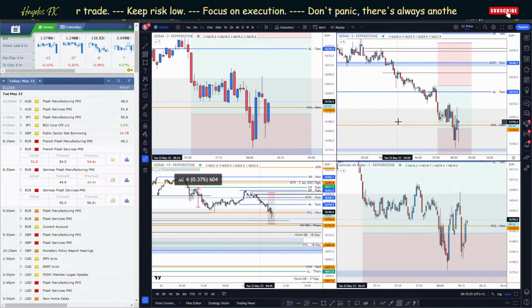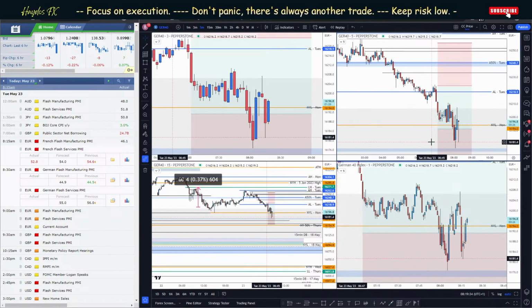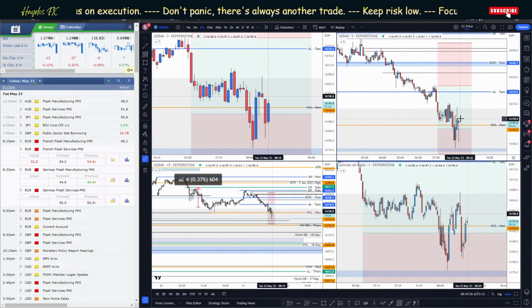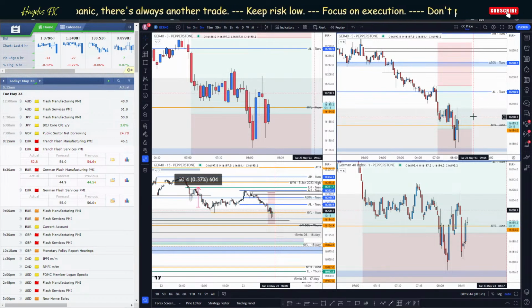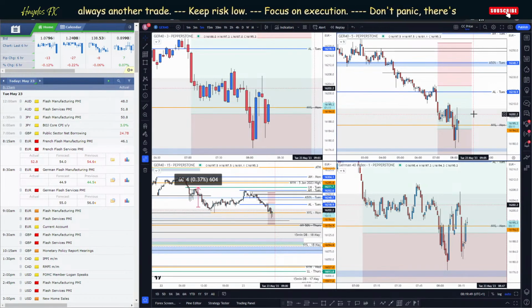Most people can take a good trade. It's just not consistent. There's a lot of other bad trades scattered in there, like little rushes of blood, impulsive trades, not planned trades.